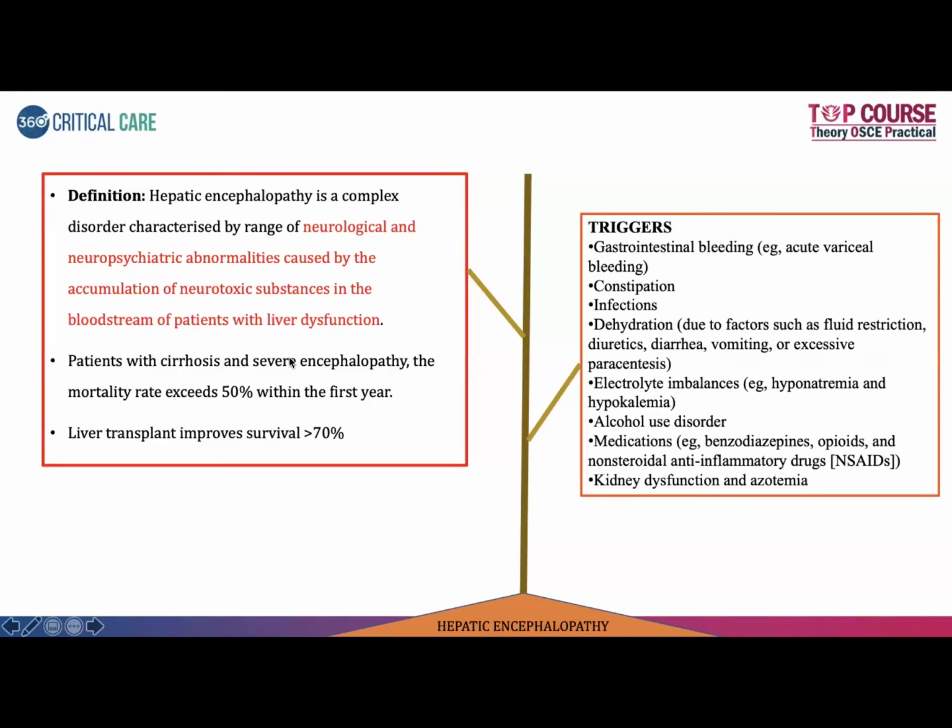And when we are classifying the clinical course of cirrhosis as compensated and decompensated, there are 5 stages that are being described. Stage 0 is when there are no varices and mild portal hypertension.